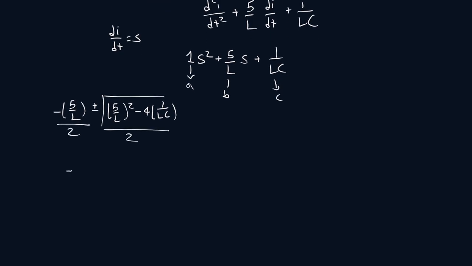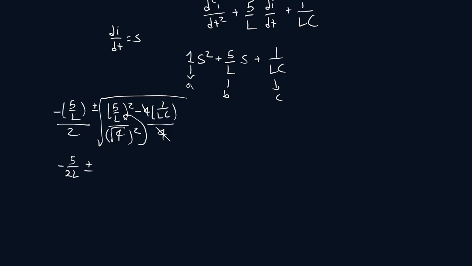And this part becomes minus 5 over 2L plus or minus, this is the same thing as the square root of 4. And we can have one square root represent the whole thing. So this part, and then break the 4 up here and here. This and this cancel out. And then if you take the square root of 4 and then square that, we can pretty much just bring that into here.